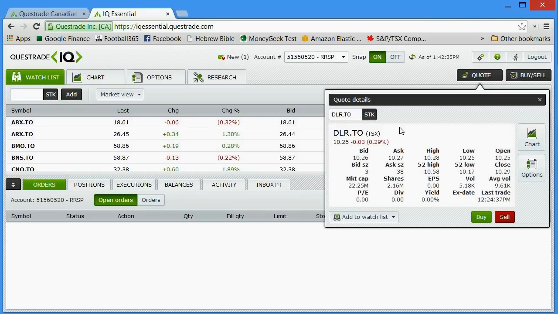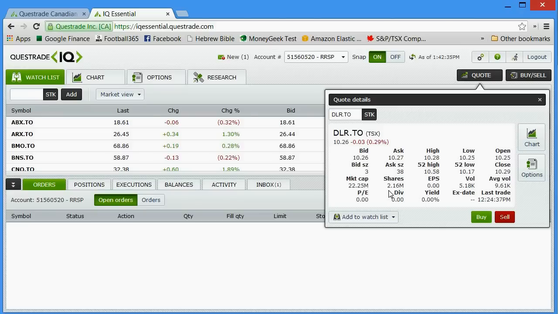$10.26 per share. So what you should do is calculate the number of shares of DLR.TO that you need to buy to convert all your desired currency. So for example, if you were to try to exchange $10,000, you would buy about 1,000 shares of DLR.TO.